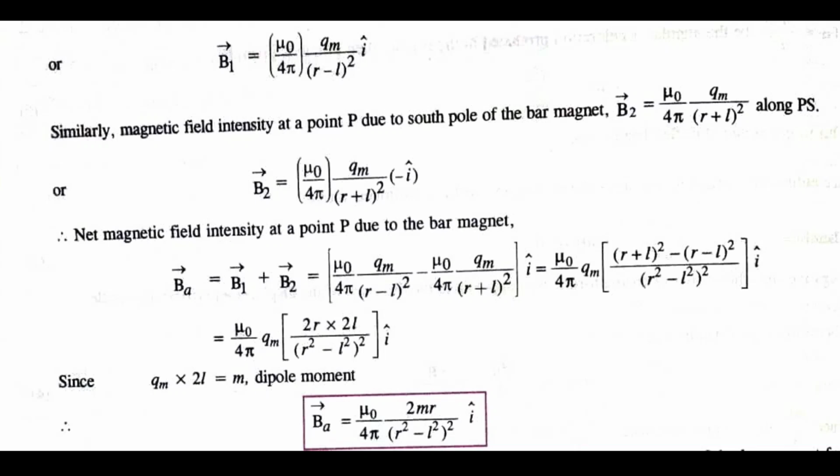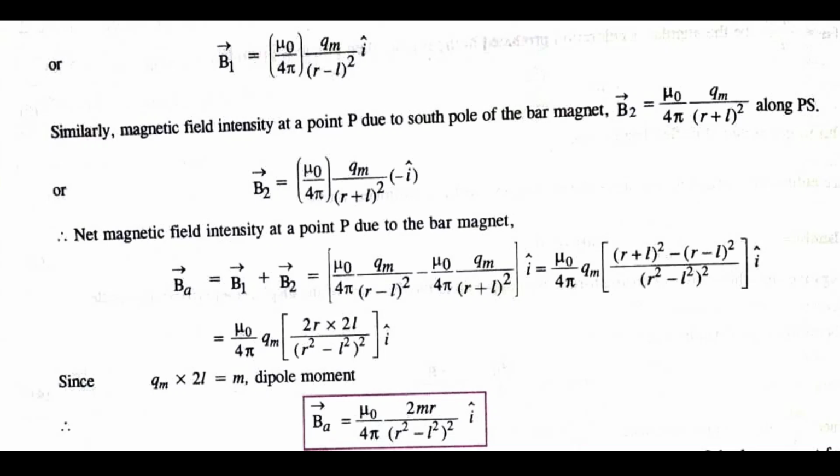Similarly, we can also calculate the magnetic field intensity at point P due to the south pole of the magnet, and the direction is along x dash, that is along the negative x direction, so this is represented by minus i cap. So we can calculate the net magnetic field by a vector addition of B1 vector plus B2 vector.